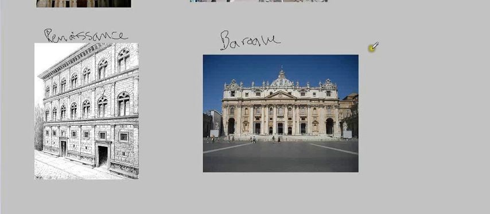So a few questions I want you to think about are: how are the classical elements used? Another thing, ask yourself about the scale of these buildings. Not only the buildings themselves, but particular details of the buildings, for example, the columns.